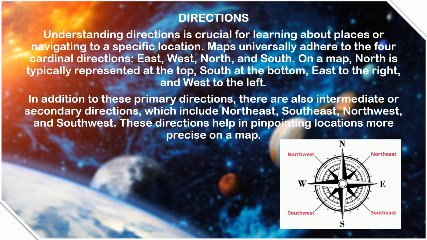In addition to these primary directions, there are also intermediate or secondary directions, which include northeast, southeast, northwest, and southwest. These directions help in pinpointing locations more precisely on a map.